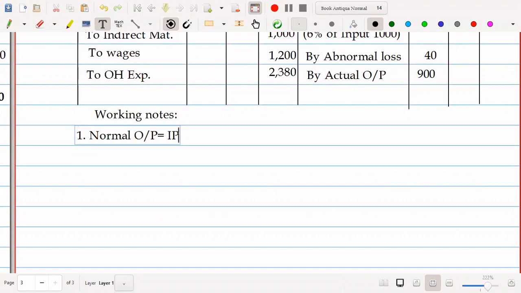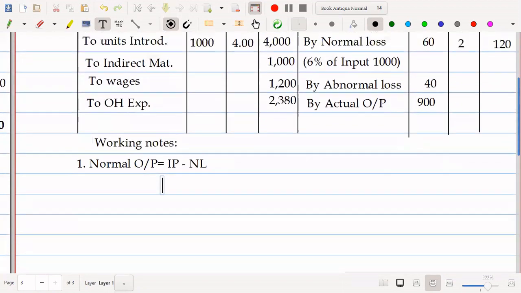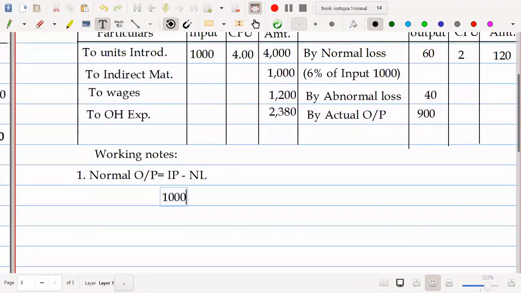Input minus normal loss. What is the input? Just check out here in the problem. What was the input? 1000 minus normal loss is 60 units, given in the problem. We calculated it. So see, 1000 minus 60 comes to 940 units. And the next working note is CPU.